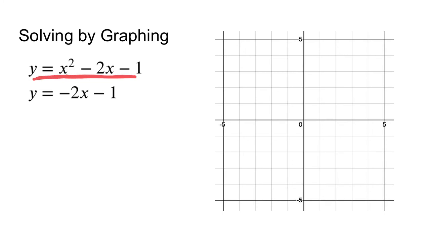And the linear equation, y equals -2x minus 1, should be really easy: plot the y-intercept and then use the slope to come up with the rest of the graph. Why don't you pause the video right now and make sure you remember how to graph a quadratic equation and a linear equation.